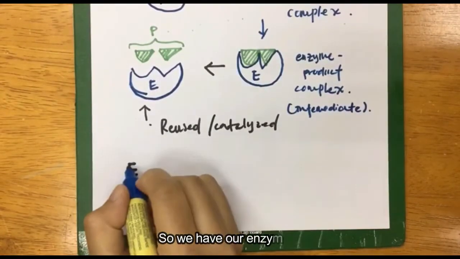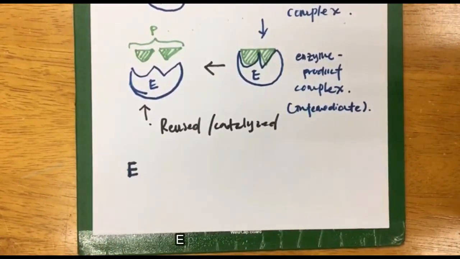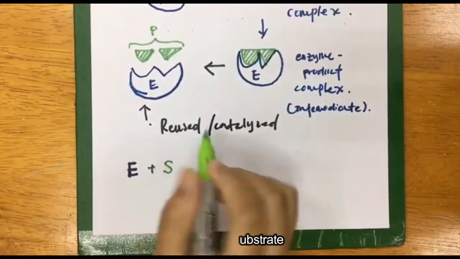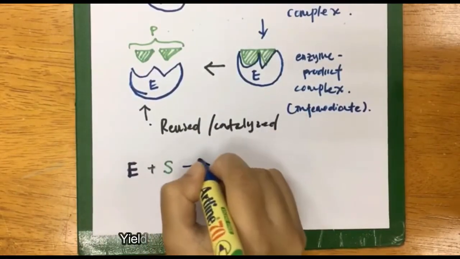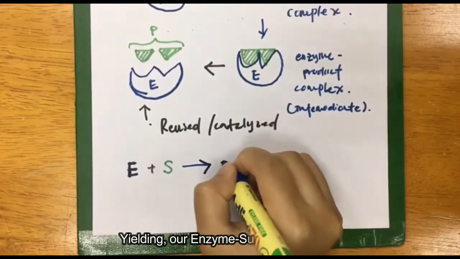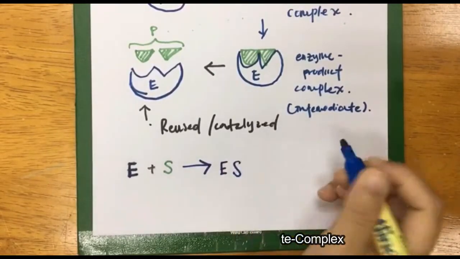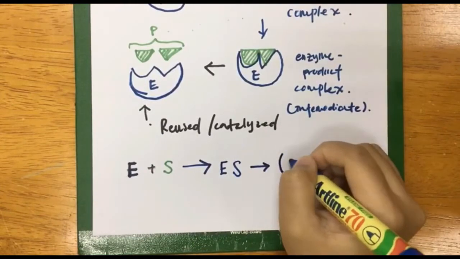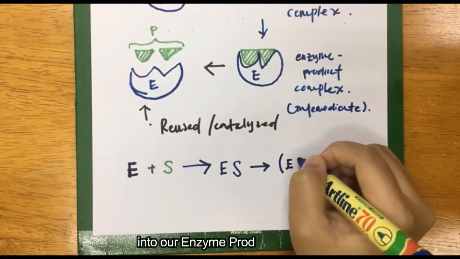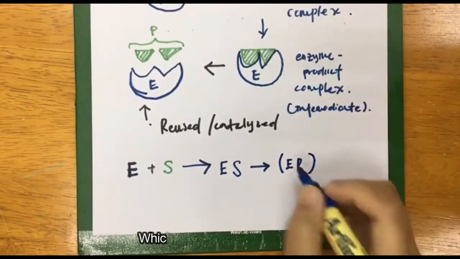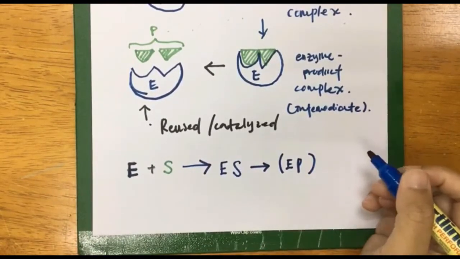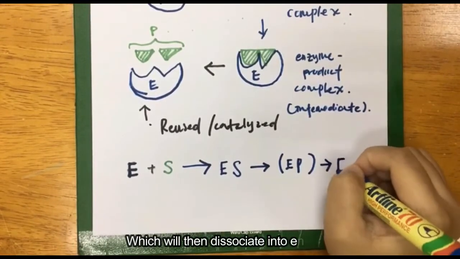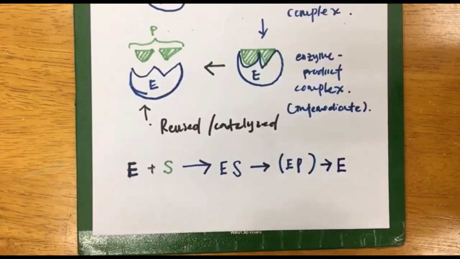So we have our enzyme E plus our substrate yielding our enzyme substrate complex that can form into our enzyme product complex, which is a very short-lived complex which will then dissociate into enzyme and product.